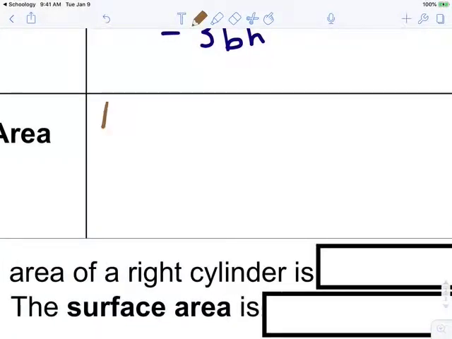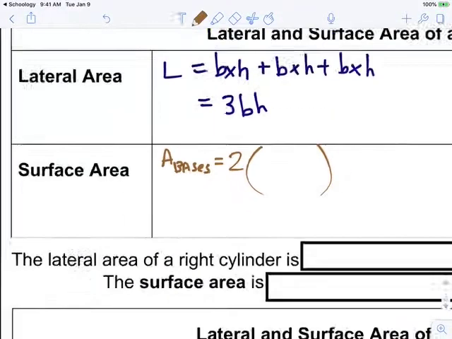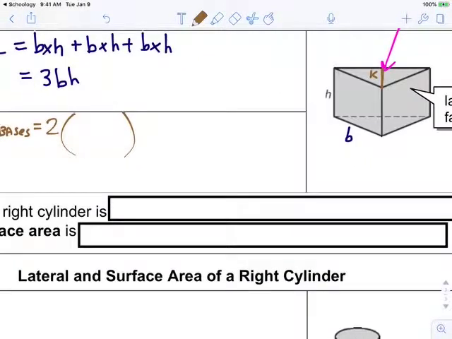Let's see. What's the area of the bases? I know I have 2 of them, right? Top and bottom. 2 times, well, what's the area of one of those bases? I have to give this another name, don't I? Q. I have a top for a base and the bottom.